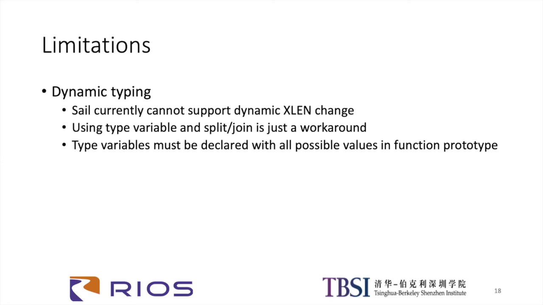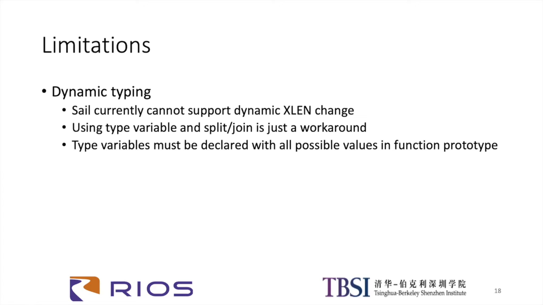Another limitation is dynamic typing. The RISC-V spec allows changing the vector length dynamically, but current Sail cannot support it because a 32-bit vector and a 64-bit vector are different types, even though they share most of the functionalities. Custom vector registers using type variables and split and join functions are just a workaround in order not to repeat the functions over and over again.